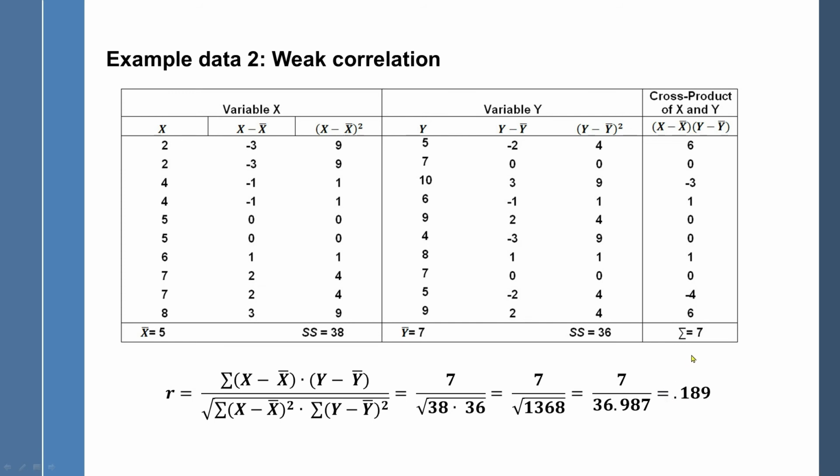Now, one of the things that I mentioned before is that if the magnitude of the correlation is strong, you'll see a confluence of all positives or all negatives, or mostly positives, mostly negatives. In this case, we see a number of zeros because the various different deviation scores are matching up with zeros. And you also see some negatives.